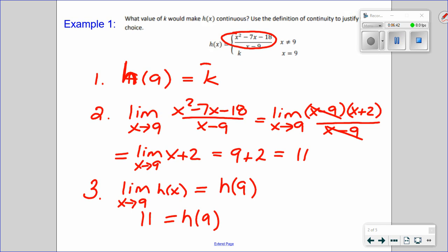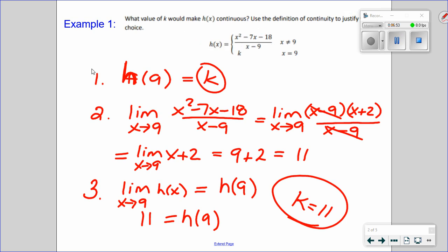So k has to equal 11 in order for this function to be continuous. If the piecewise function was written with k equal to 11, then that function is continuous when x equals 9. All right, you guys.